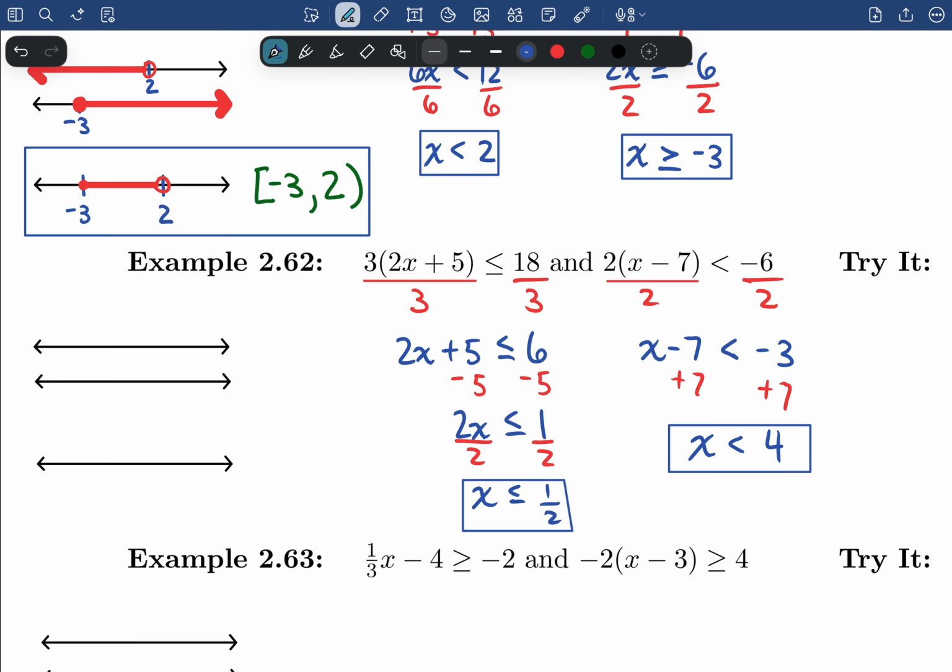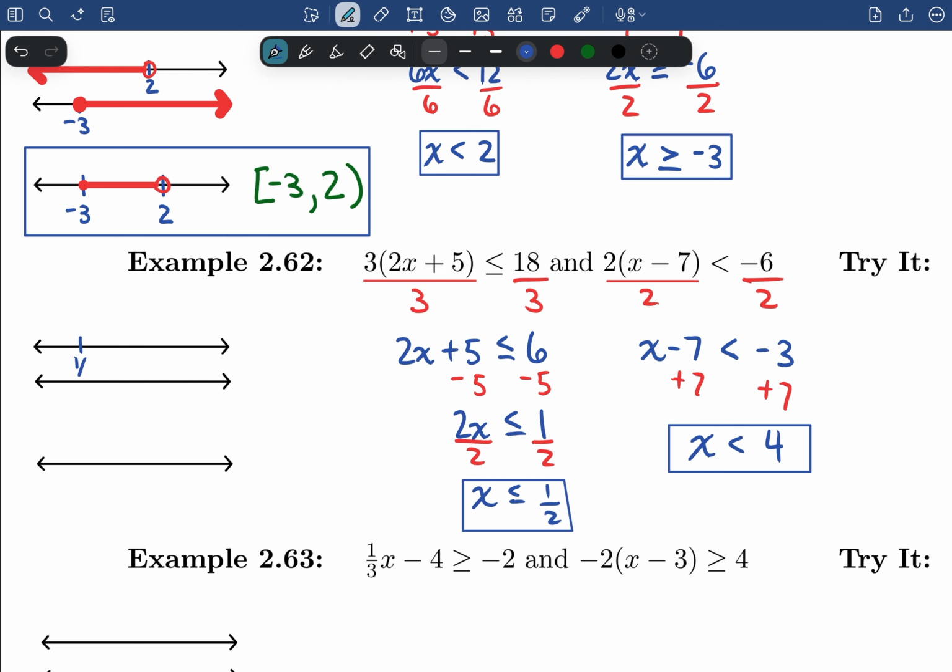Now let's graph these two inequalities on the above number lines. The smaller value I'll put on the left, and the larger value I'll put on the right. So for example, I see this 1/2 value. That's less than 4. 1/2 is less than 4, so I put 1/2 on the left.